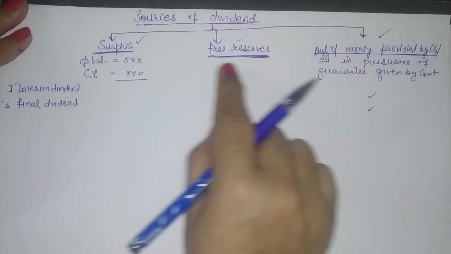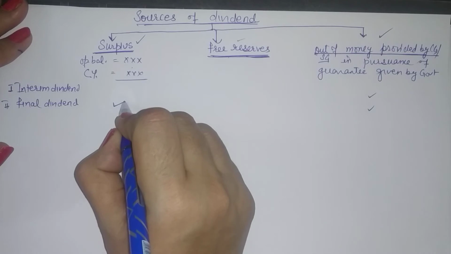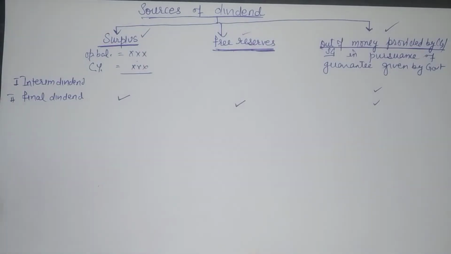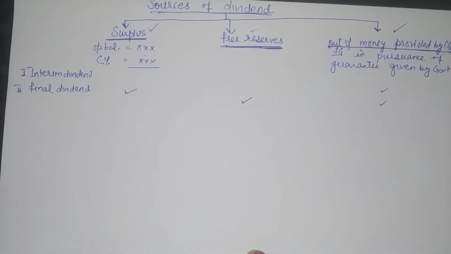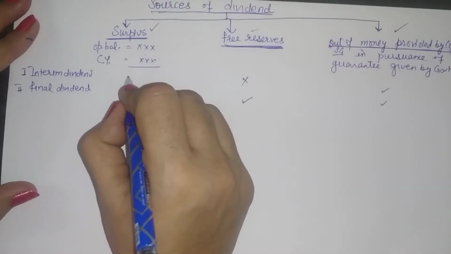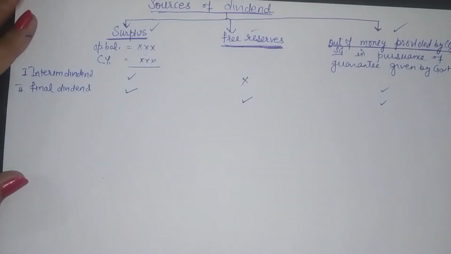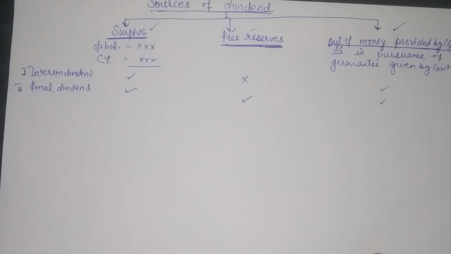So you will have to look at the question, the terms being given, and accordingly this money will be used. But when we come to these two points, remember, final dividend can be given out of surplus as well. But your interim dividend cannot be given out of free reserves. Interim dividend, if the company wants to give, has to be given out of the surplus. Now, usually we say that a company gives interim dividend on the basis of its partial financial statements.